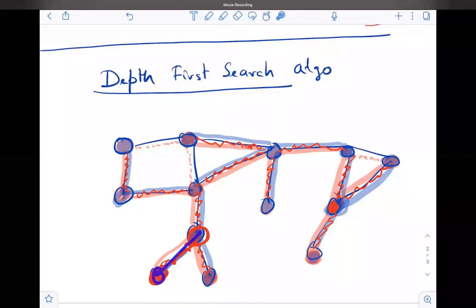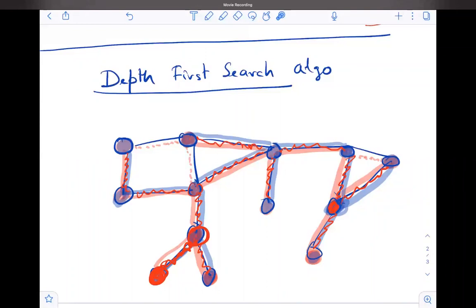When I'm here, I should go back to its parent, the place from where I came. How do I keep a tag on that? All of those instructions have to be given.